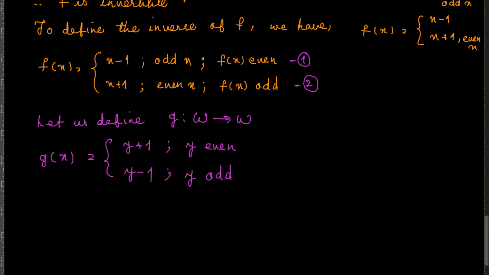So g is a function from W to W, where g of y is equal to y plus 1 for even y's, and y minus 1 for odd y's.